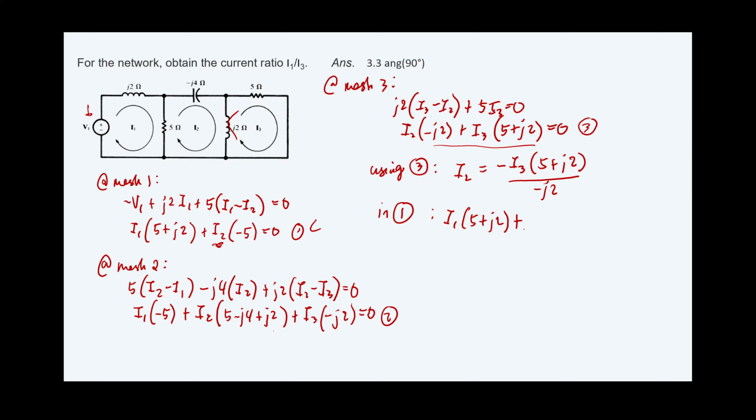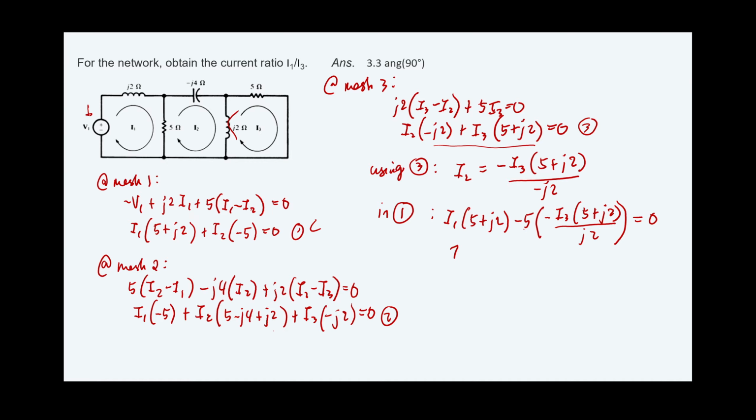So we can write minus 5 I2, where I2 becomes negative I3, times (5 plus J2) divided by J2 equals 0. And then you have two terms, transpose the other one, and you have the one on the left, and then you can cross multiply. Our goal is to find I1 over I3.